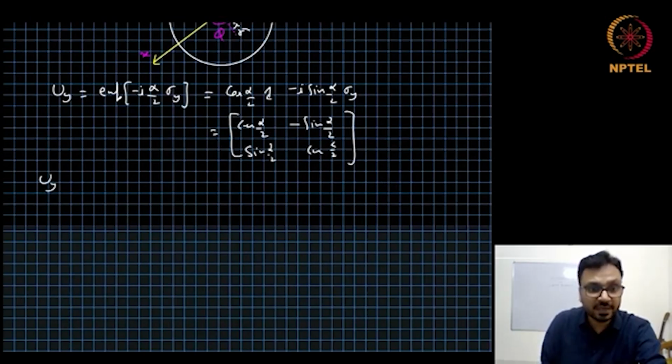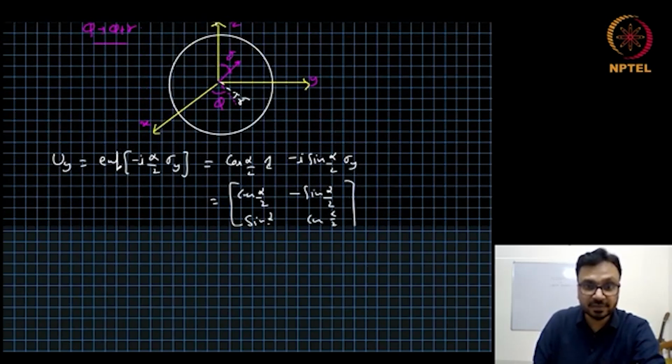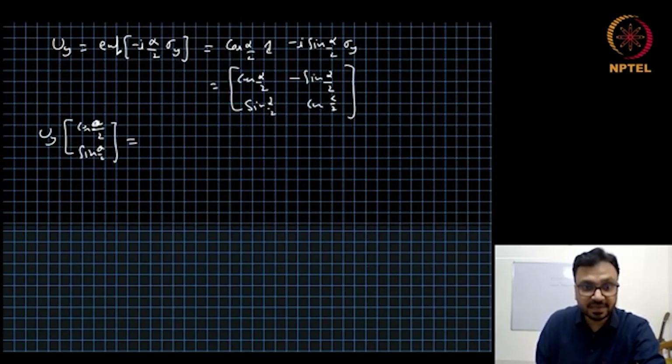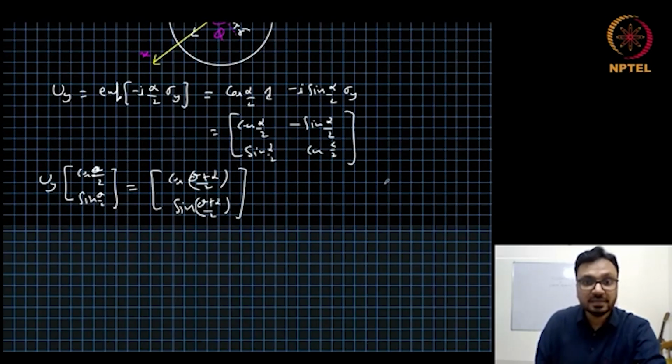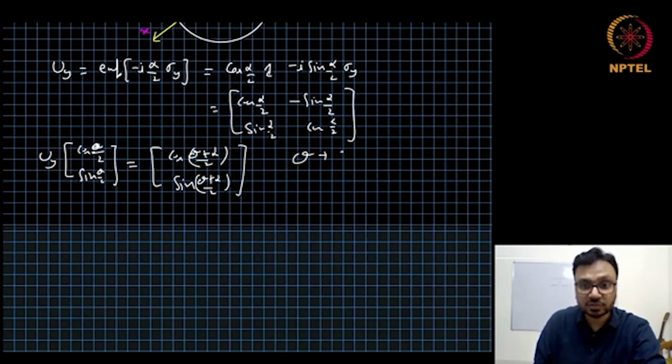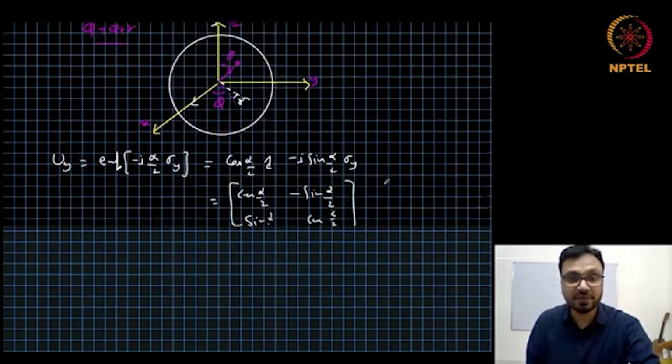If we apply U of y on a state which is real, cos of theta over 2, sine of theta over 2, it means we have taken phi to be 0. Phi 0 means the state lies in the xz plane. Then we get cos of (theta plus alpha) over 2 and sine of (theta plus alpha) over 2. Then theta goes to theta plus alpha, and phi we always have 0 here.